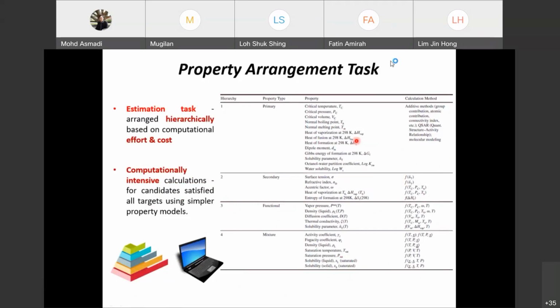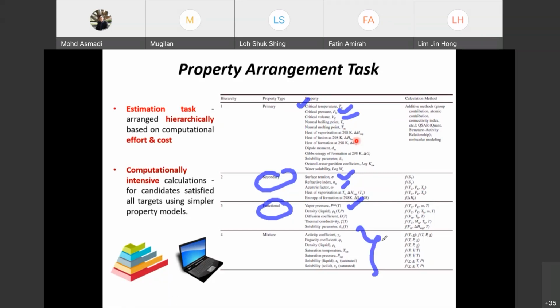For primary, you first check the critical temperature, critical pressure, critical volume. After that, when reduced to 500, you move to the next hierarchy: surface tension, eccentric factor. Then if you can reduce more, you go to the third hierarchy, vapor pressure and so on, for the mixture.